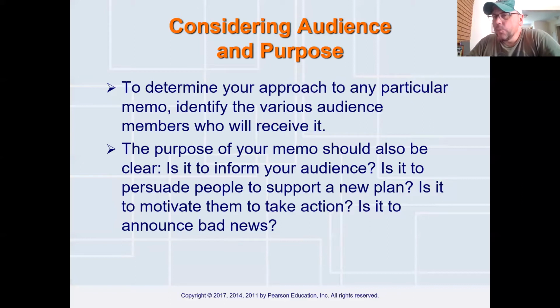You also need to understand whether it's going to be used for internal or external purposes. While I will tell you to always gear most of your work, especially if it's going to be sent electronically, for the potential to be used internally and externally, sometimes these things will come as encrypted emails, encrypted memos.